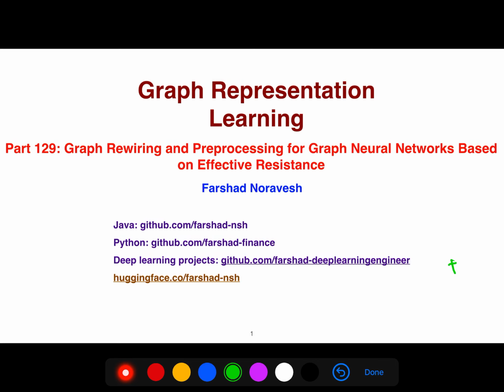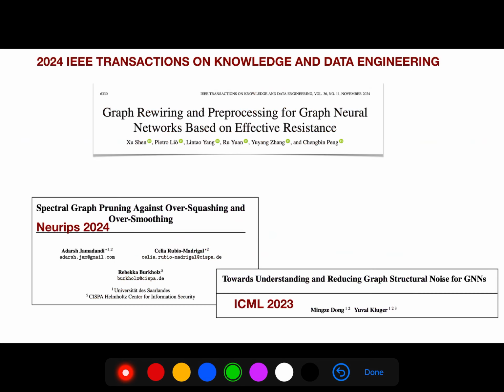You know, in computer science departments like at the University of Washington, where they work very classically and very deeply on graphs, not from the perspective of learning maybe, but from a very deep graph theoretical perspective, they focus, for example, on effective resistance and other deep ideas in graph theory. But this paper uses this idea of effective resistance for graph neural networks and graph rewiring.